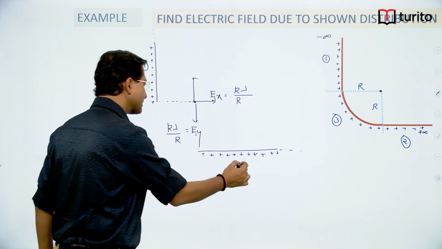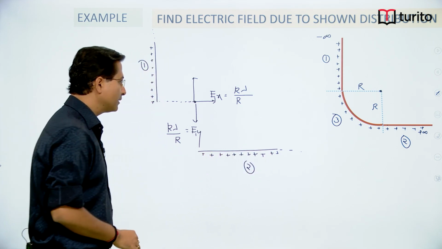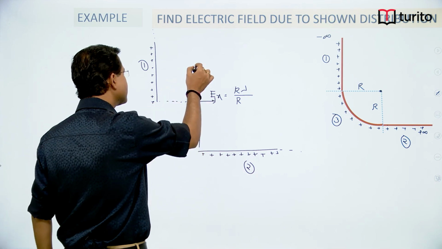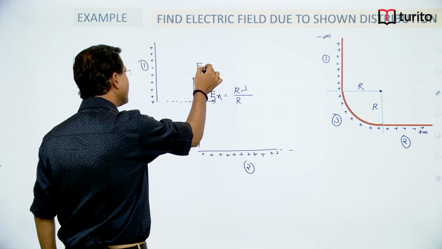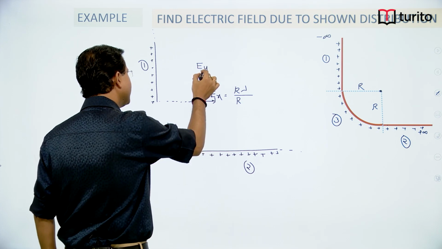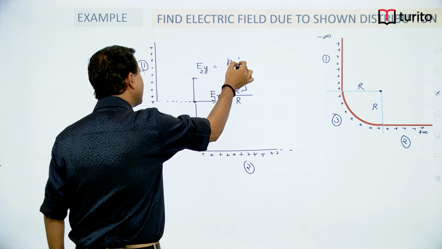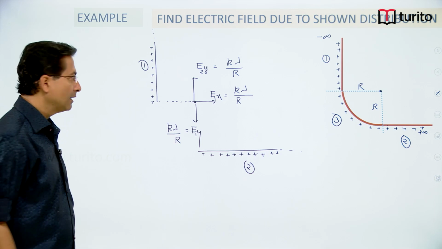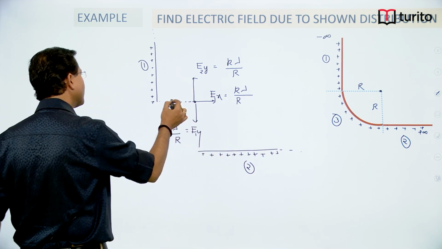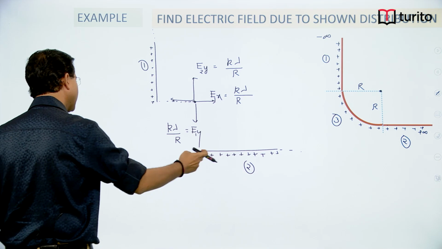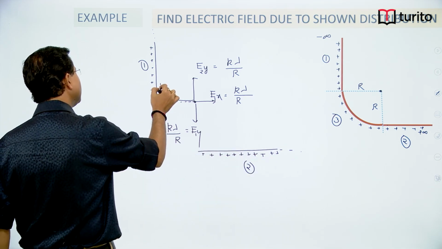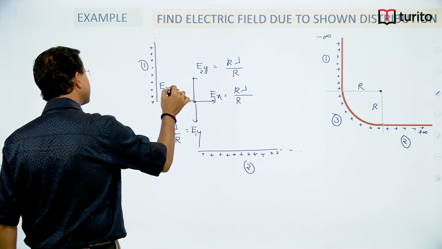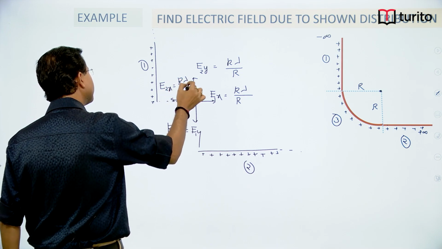Now, because of this second segment, the field created away from the distribution is E2y, that will be k lambda by r. This will create field away, and it will have one more component at this particular point, that will be along this, that is E2x, that is again k lambda by r.